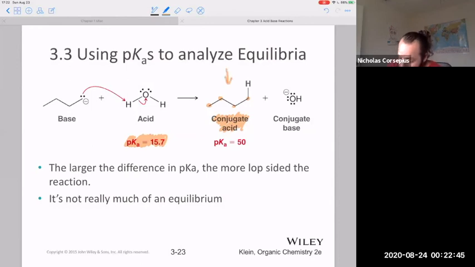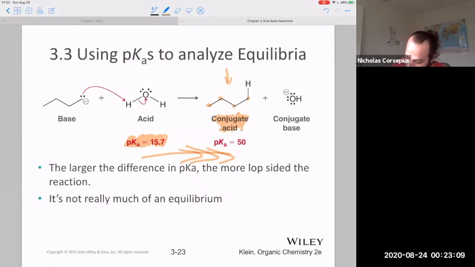Basically, that means that this is a terrible acid. It really doesn't want to get rid of that proton. You need something crazy strong to pull that proton off. So this reaction strongly favors the products because of that huge difference in pKa between your reactants and your products. Again, favoring the weaker acid.